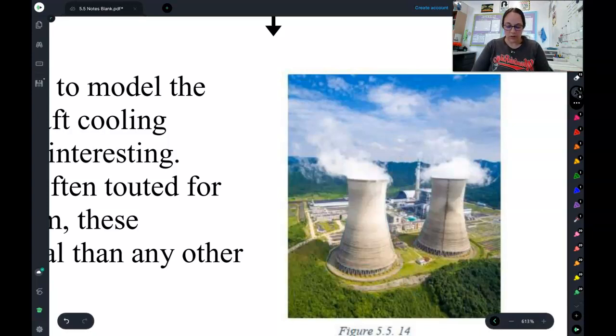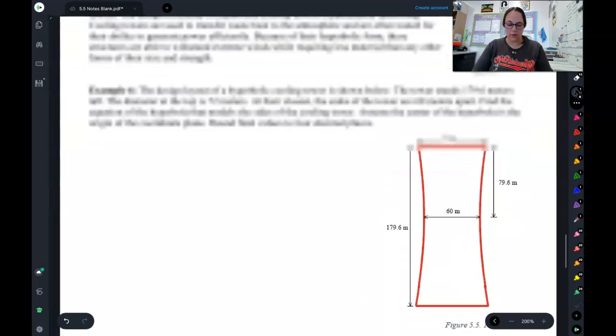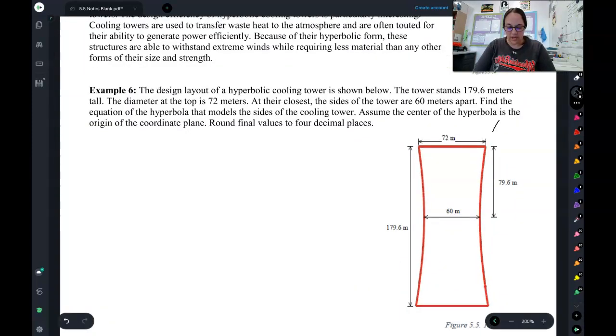So we're going to look at a cooling tower that follows this model. You can see our hyperbolic branches right here that go on and on forever and ever. And then we specifically cut those branches off right here and here to make our cooling tower. Notice that this is not symmetric.